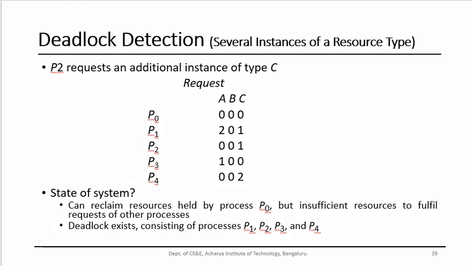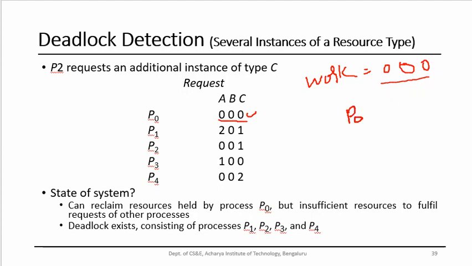Now what happens, let us see. Now if you start the algorithm, work becomes available. What is the value? It is a vector which initially has all zeros, so work is 000. Now with these available resources, can we meet the request of any of these processes? Yes, of course we can meet the request of process P0. So P0 can be executed.